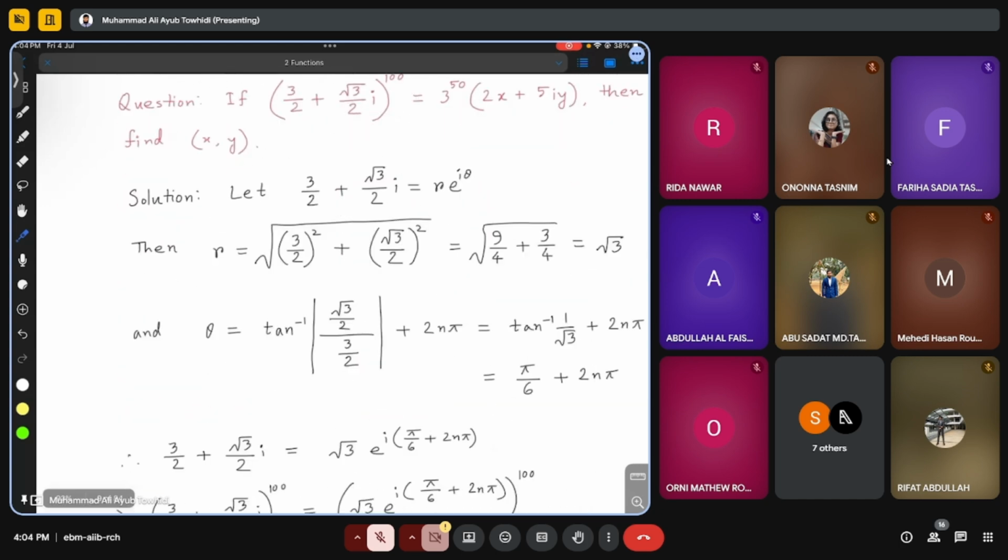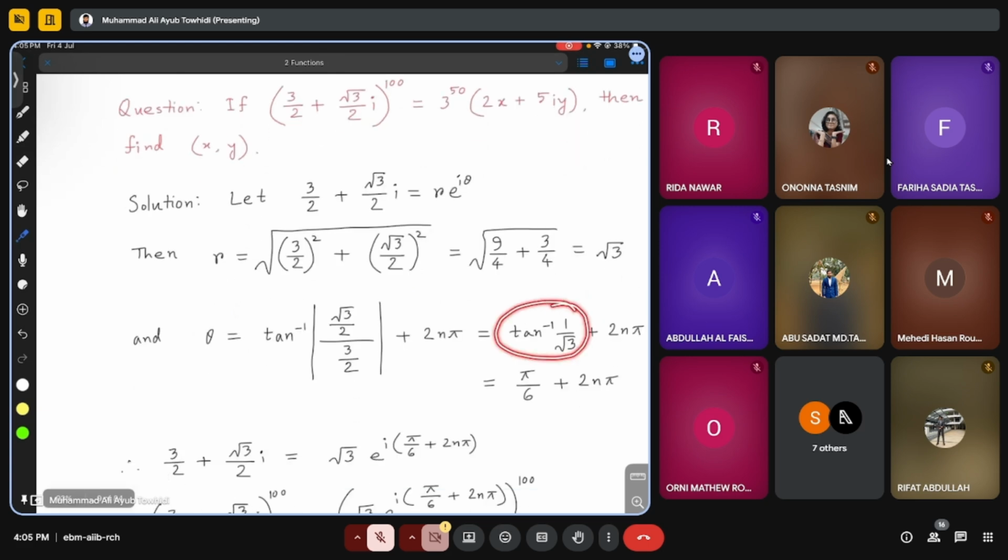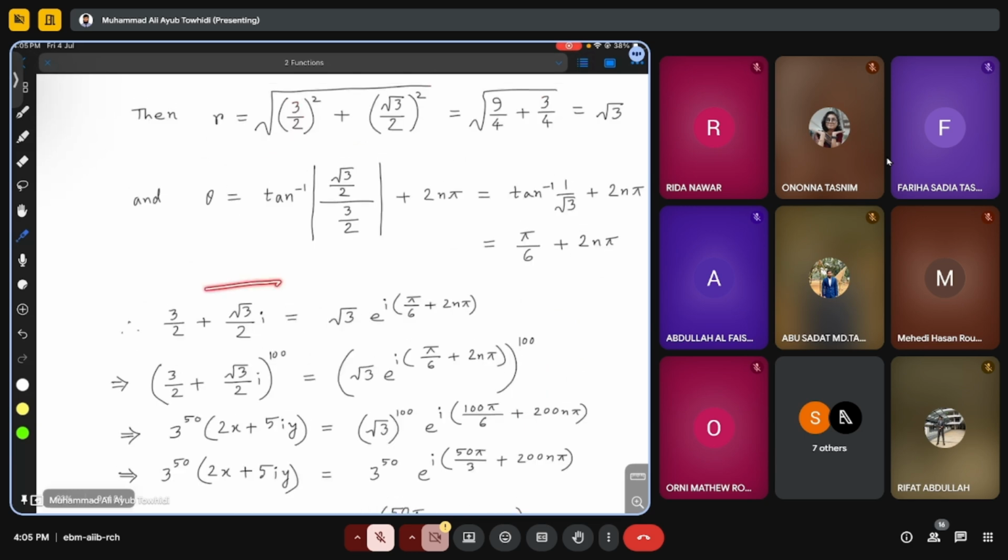So we have the argument formula, tan inverse y by x plus 2n pi, and the modulus formula, root over x square plus y square. So just complete the calculation and find the value of modulus and argument. So tan inverse 1 by root 3 becomes pi by 6 plus 2n pi. This whole thing becomes root 3 e to the power i pi by 6 plus 2n pi.